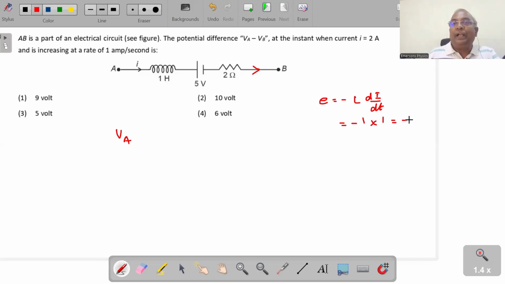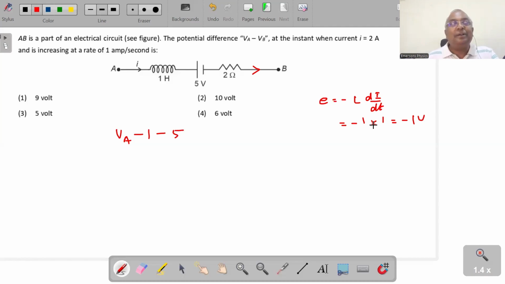So minus 1 volt is induced, which opposes the already existing EMF. So minus 1 volt. Make sure it is clear, because back EMF will be produced by the inductor, opposite to the already existing current or EMF. Next, the battery is also in the reverse direction, minus 4.